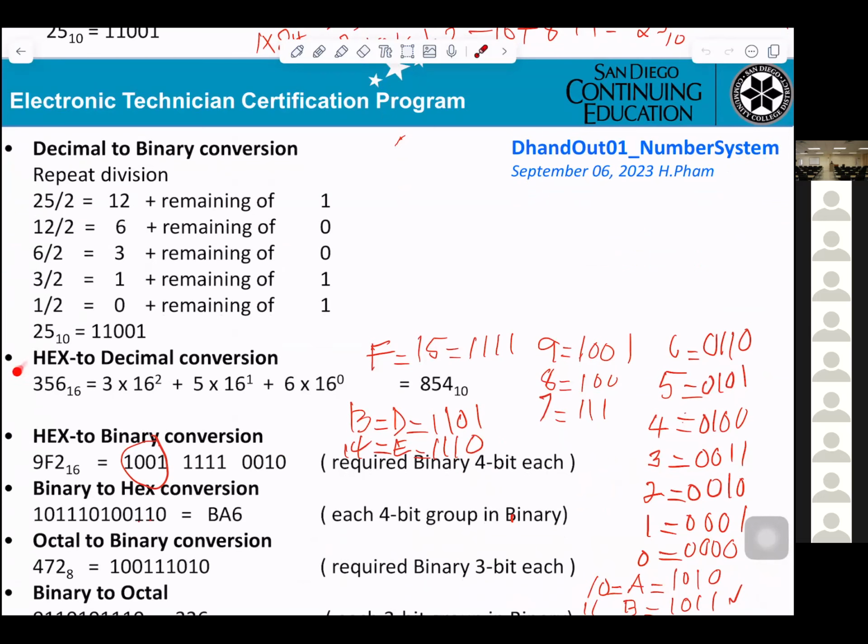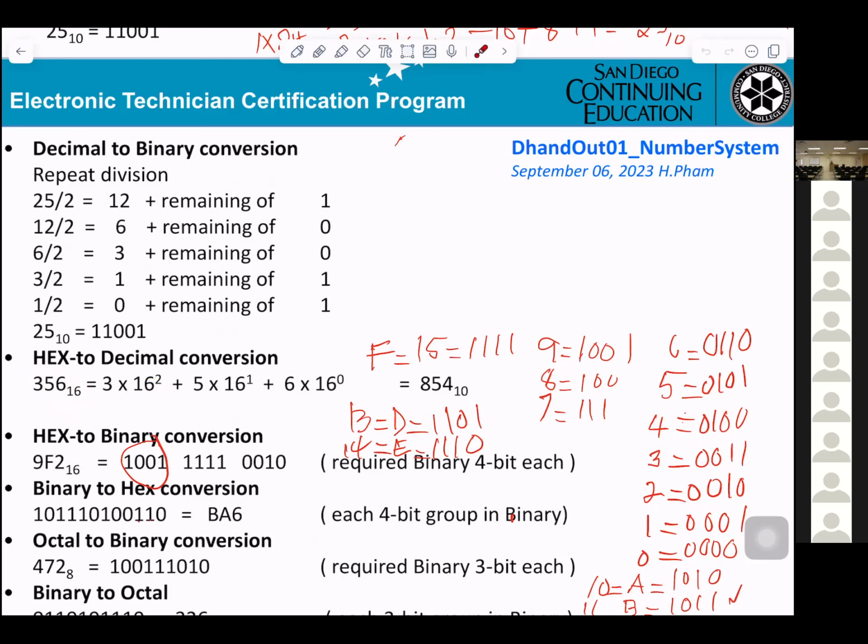If you get a number 356 base 16, that means a hexadecimal number. If you want to convert it into decimal, you take the 3 times 16 power 2, because hex is base 16. The 3 is here, with 2 digits left over, so that's power 2.